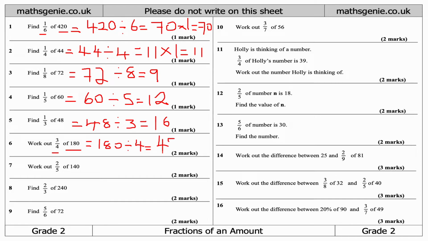But this time I've got a 3 on the top, so I've got to multiply it by 3, because 45 gives me 1/4 of 180, but I want 3/4, so it's 3 lots of 45. 5 times 3 is 15, so 5 carry the 1. 40 times 3 is 120, plus the 1 is 120.